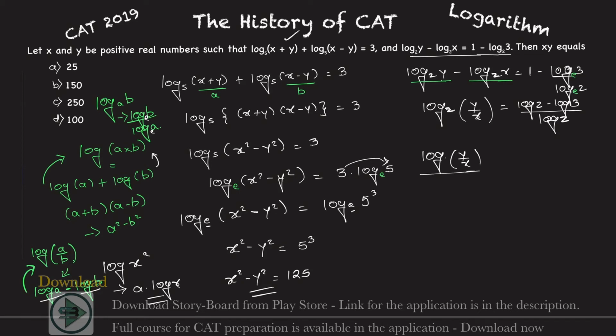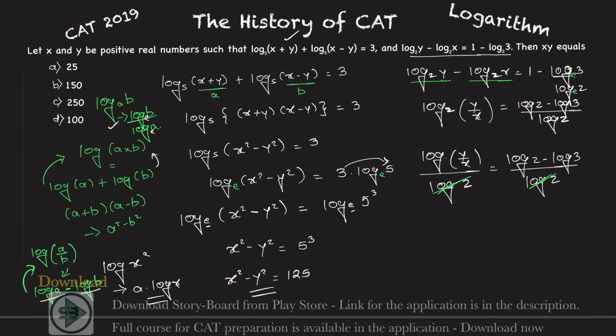This I can also write as log 2. Okay, why? Because of this formula, log of b to the base a is log b upon log a. So I'll write it in this way. Similarly, this will be log 2 minus log 3 upon log 2. Okay, why did I do this? Because then this gets cancelled.